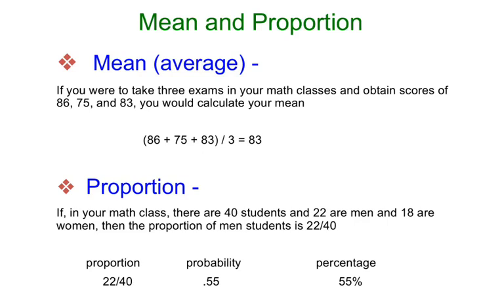So we want to find a way to quantize that data. So we typically take a proportion of that. So for example, if there are 22 males in a class out of 40, that's what we would call a proportion. And a lot of times you will see that they don't reduce it. We're typically used to reducing that into its smallest form.